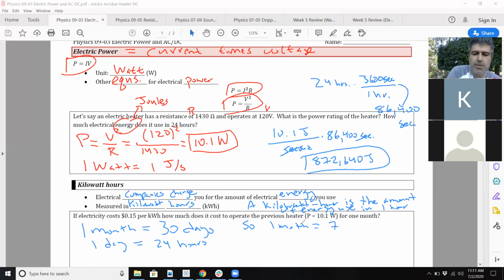So 1 month equals 720 hours. Now again, you're charged 15 cents per kilowatt hour. So all you have to do is realize how much energy I'm using here.